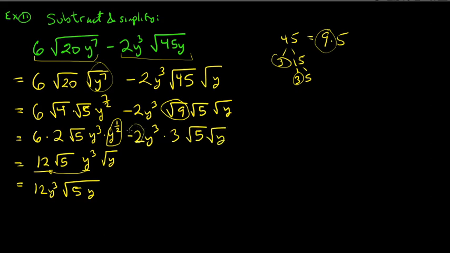So notice we have negative 2 times 3, that's just negative 6. We still have y cubed, and then we have the square root of 5 times the square root of y, or combining them again, square root of 5y. And I think that's as simple as it gets. So that's the second term. Let me just write it again, minus 6y cubed times the square root of 5y.